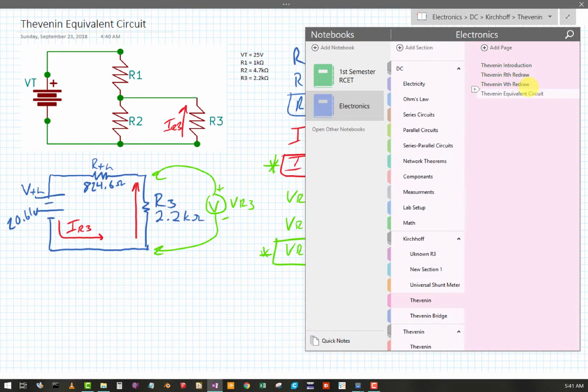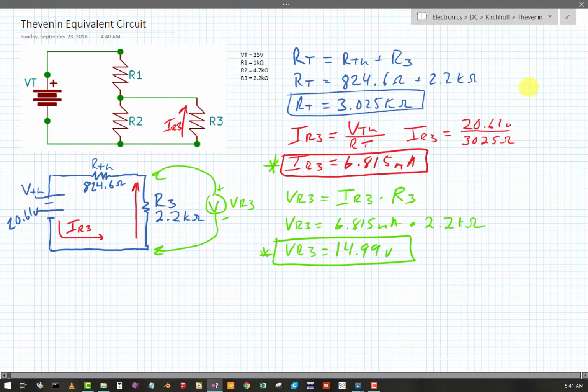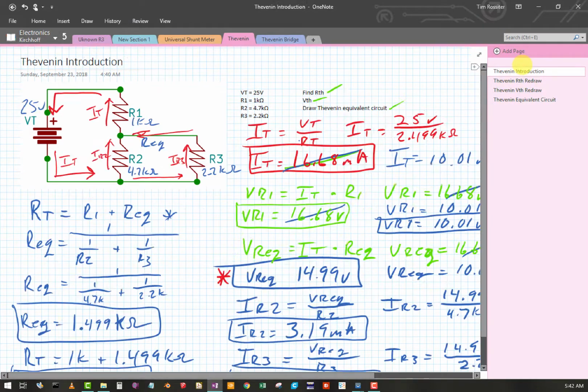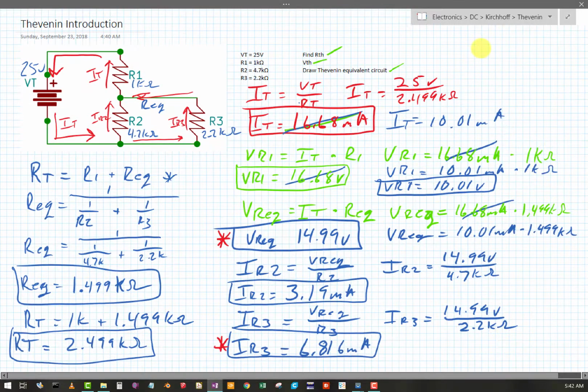Let's see what we got. Look at that. 6.815 milliamps and 14.99 volts. Ta-da! That is strangely familiar. So we feel good. We got the same numbers.